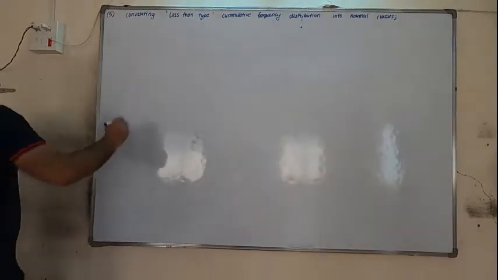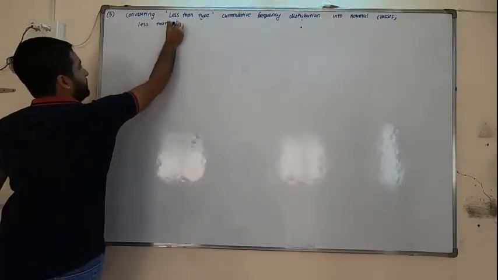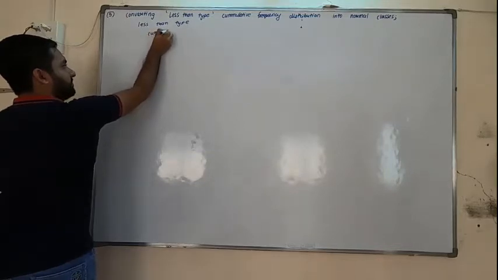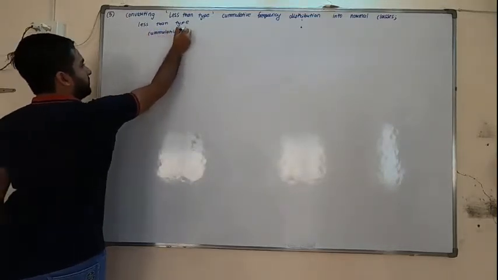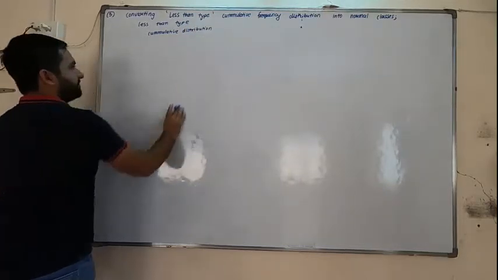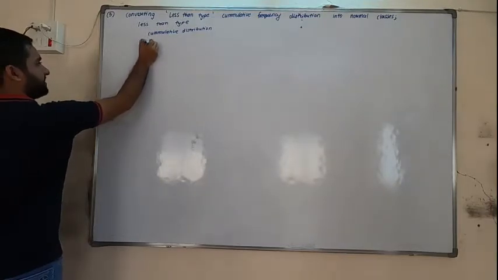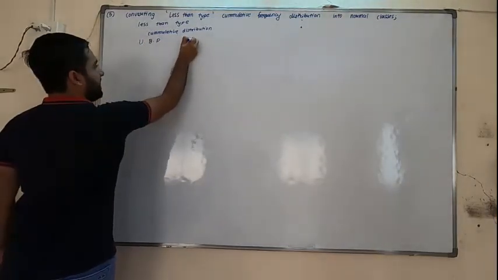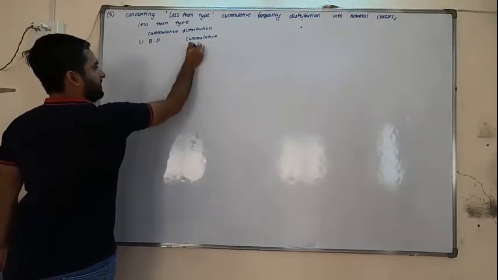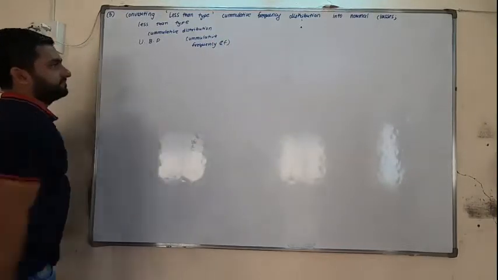Yes. So in the less than type cumulative distribution, we have each as upper boundary points and we will have cumulative frequency CF.